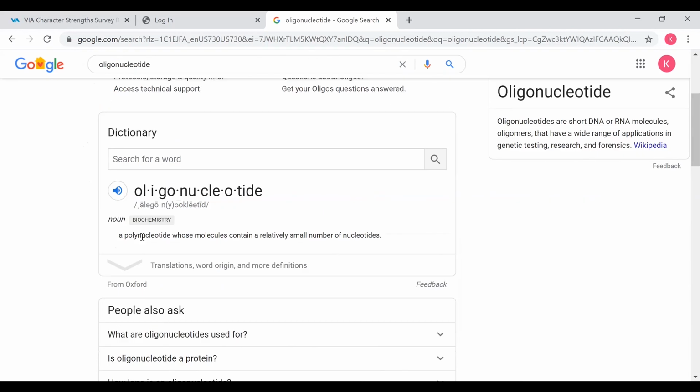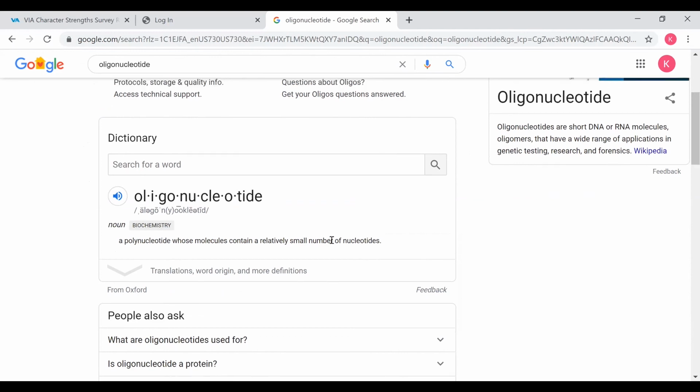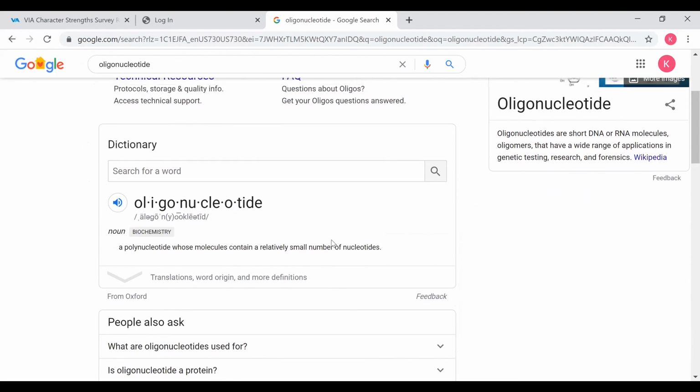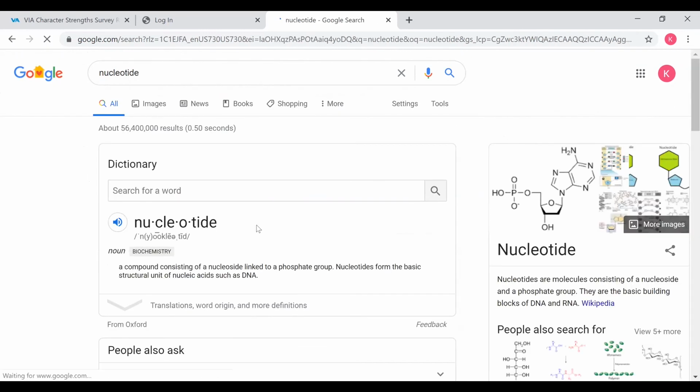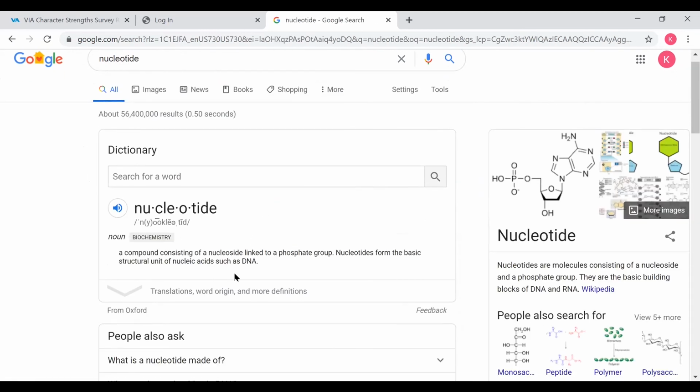An oligonucleotide is a polynucleotide whose molecules contain a relatively small number of nucleotides. And let me see. Okay. And your nucleotides are a compound consisting of a nucleoside linked to a phosphate group.